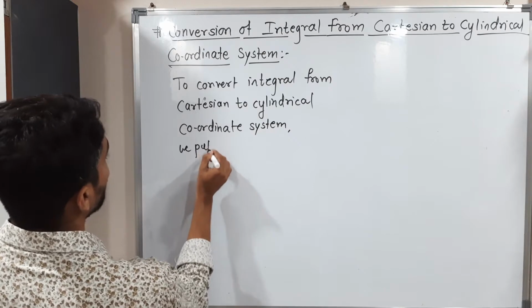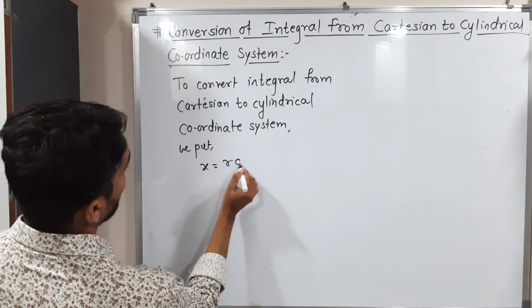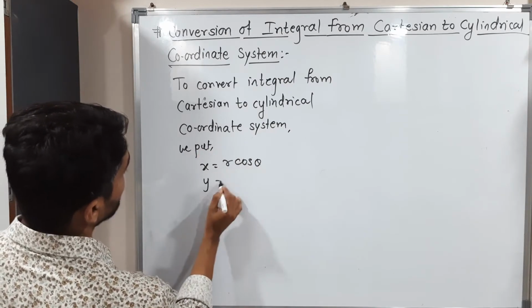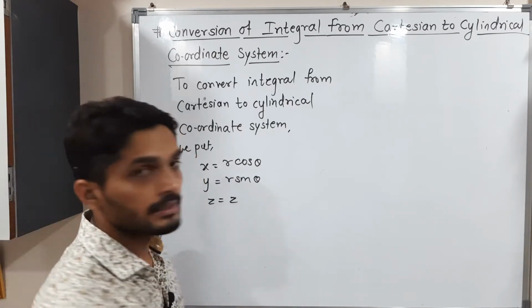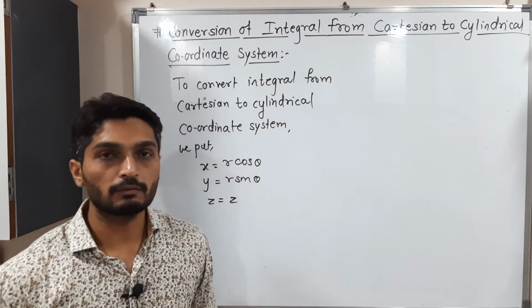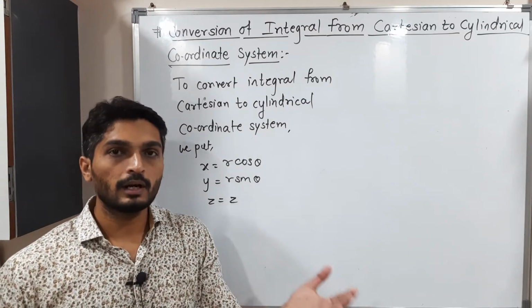We put x is equal to r cos theta, y is equal to r sin theta, and z is equal to z. This substitution we do. Then we convert the problem from xyz to r theta z.